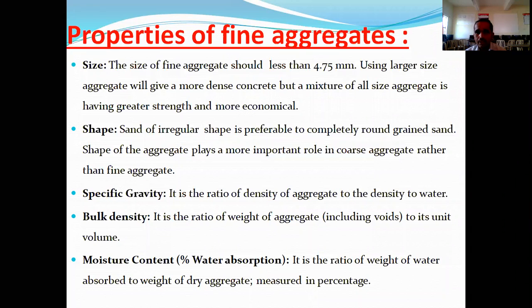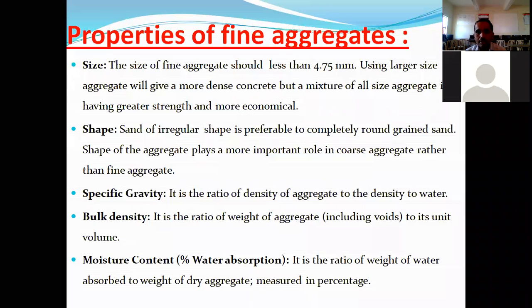If we use aggregate of larger size, it will give more dense and greater strength concrete. But a mixture of all aggregate is most suitable for economical purposes and also durability. So the aggregate size for the fine aggregate should be less than 4.75 mm. This is the first property of the fine aggregate.